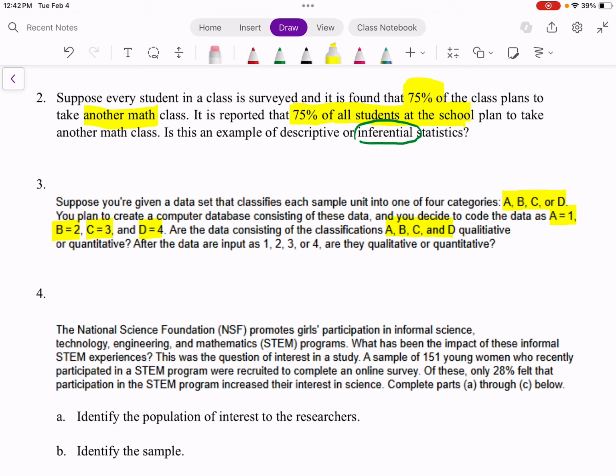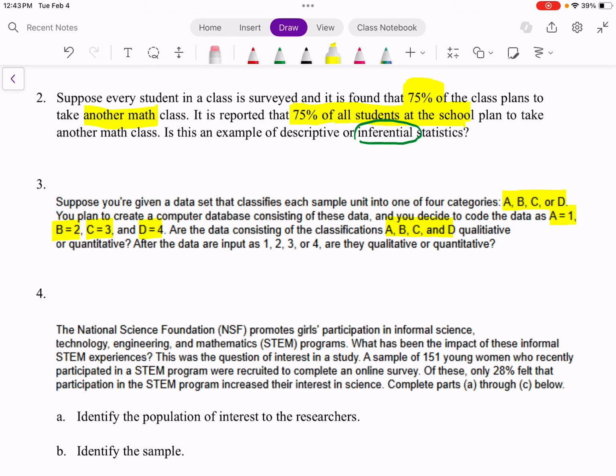What type of data set is this? Now, what are these A, B, C, D? Are these quantitative or qualitative data?